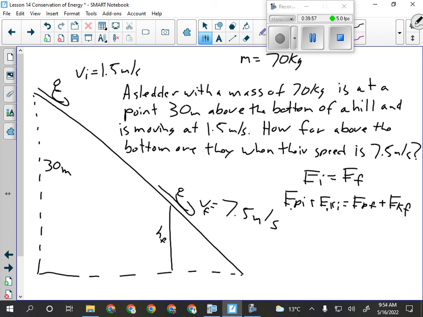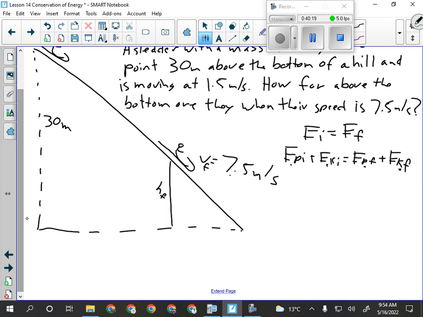They probably wouldn't make me calculate this if it was going to end up being 0. So yes, we definitely have some final potential energy. And they're moving at 7.5 meters per second, so yes, we do have final kinetic as well. None of these are 0 this time. They all have a value. What I'm looking for is going to be part of which one of these terms? I'm looking for the final height of the sled.